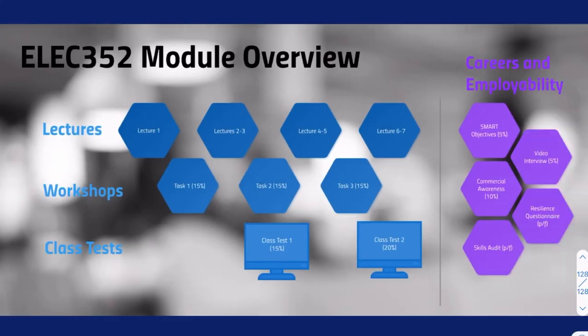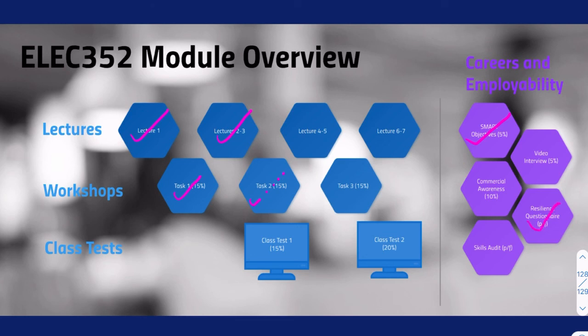Okay, so finally, to conclude this lecture, just a reminder of where we are. We just completed lecture 3, which was the second of a 2-part lecture. So we've done those 2 elements. You will have finished task 1, and you are now starting on task 2. You finished task 0. Hopefully you will have finished the resilience questionnaire.